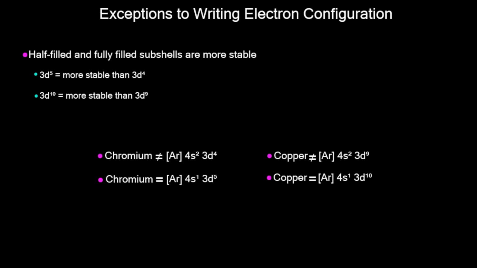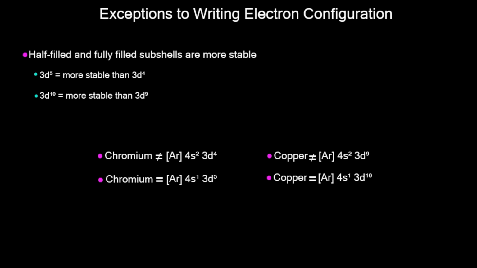One electron is promoted from the 4s orbital into the 3d orbital. This creates a half-filled d subshell with 5 electrons spread evenly across the 5 d orbitals. The half-filled arrangement is more stable than having 4 electrons in the d subshell and 2 in the 4s orbital.